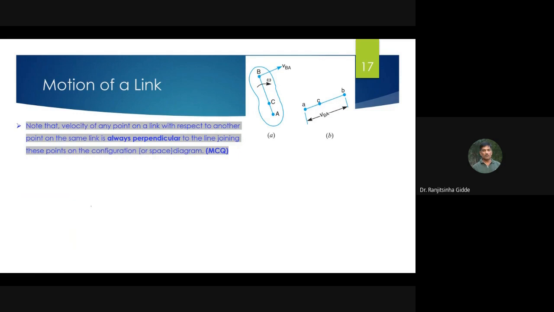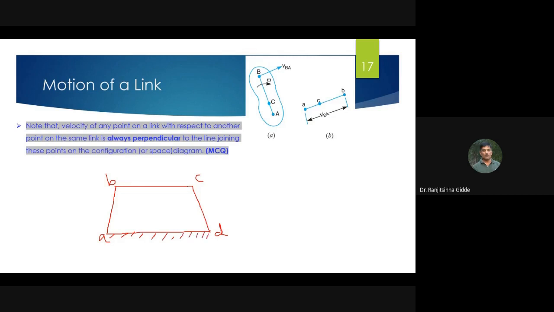So for example, I will draw one 4-bar mechanism. So here A, B, C, and this one is D. This one is the fixed link.